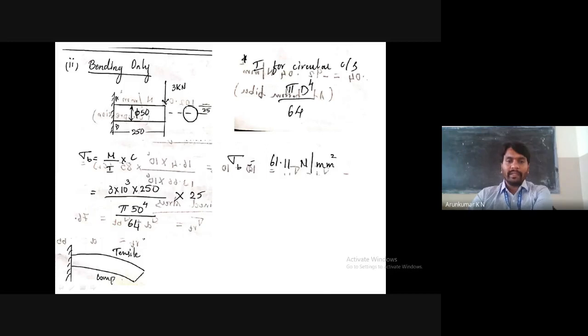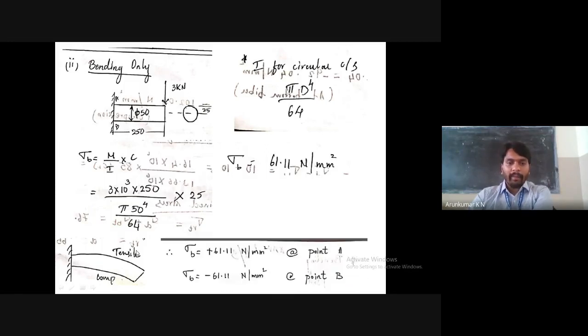So what happens? This bending stress magnitude is the same, but at the top, at point A, it is positive. But at the bottom it is negative. Because this C value is symmetric, C1 and C2 remain the same, so the bending stress at top and bottom is the same. If it is not symmetric, the section has C1 and C2.